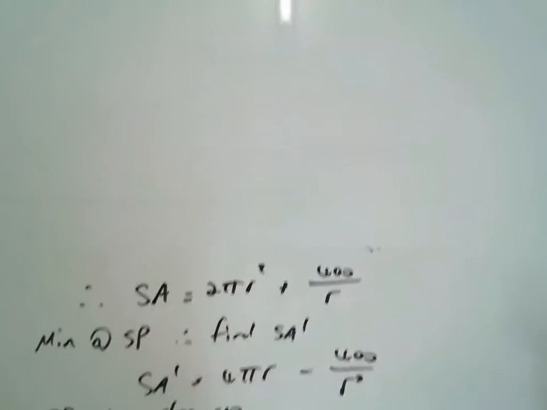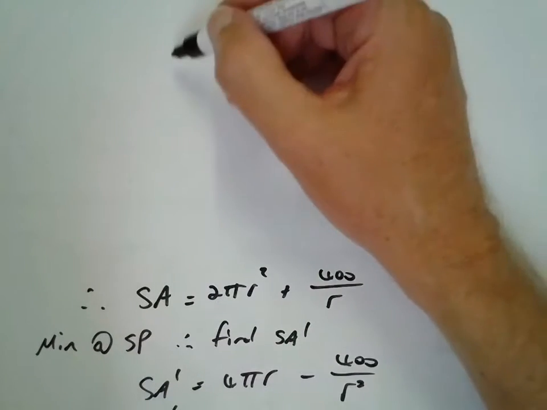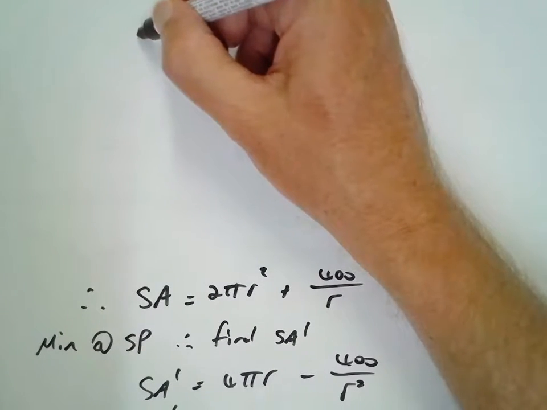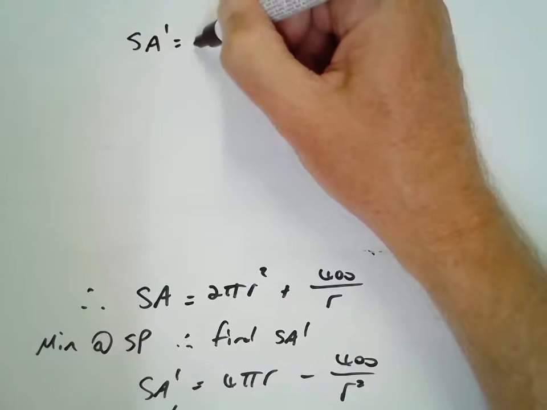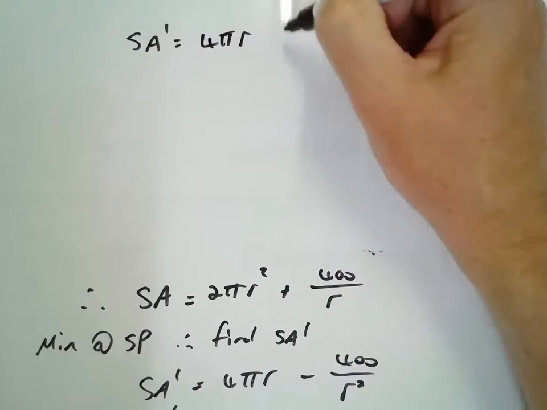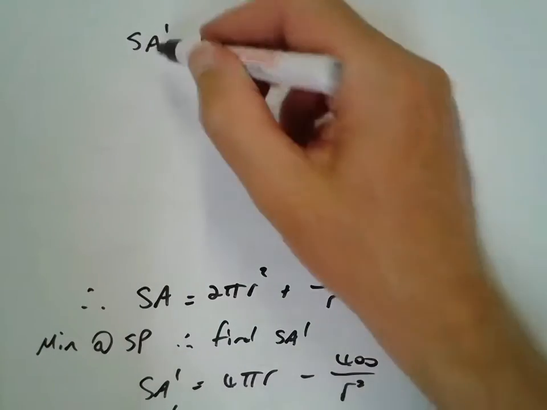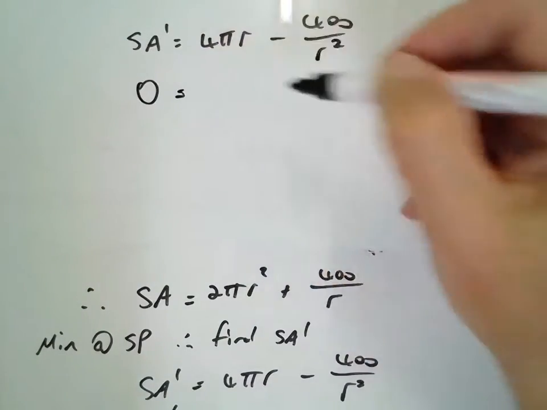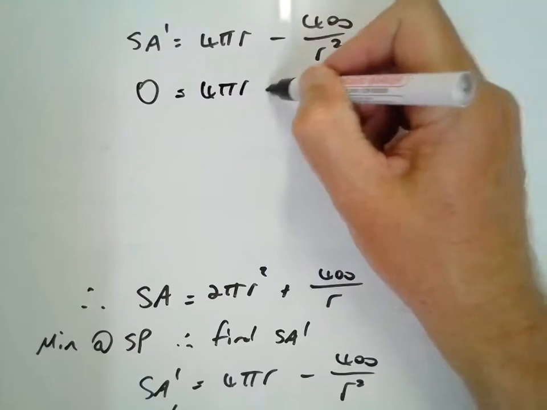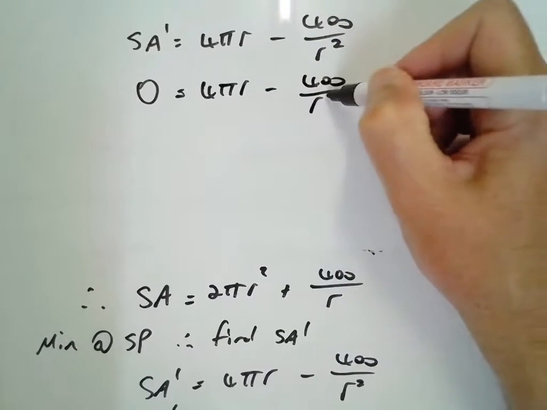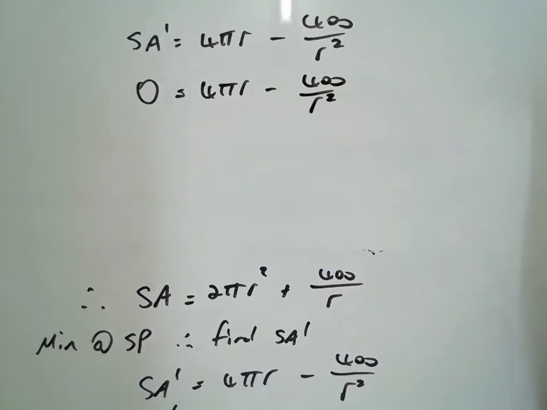So we've got this, SA dash equals 4 pi r minus 400 on r squared, and we're going to set SA dash equal to 0. And we're solving for r.